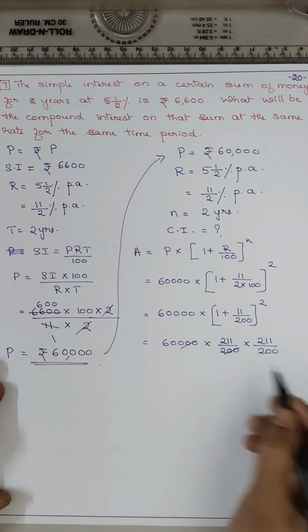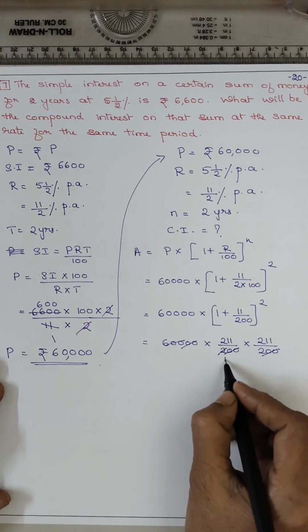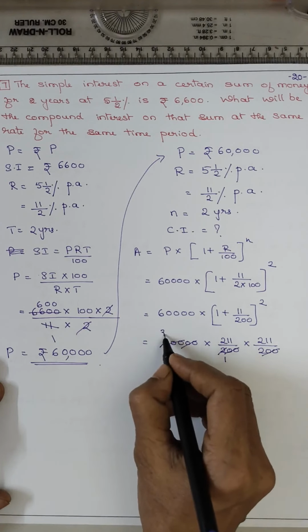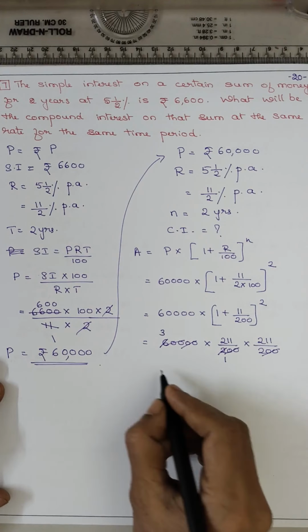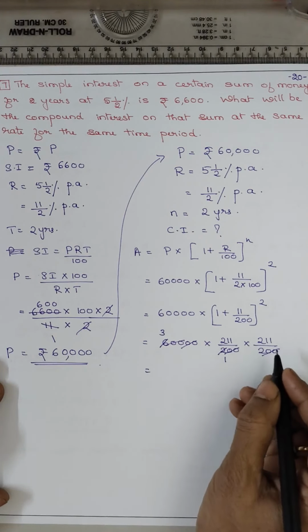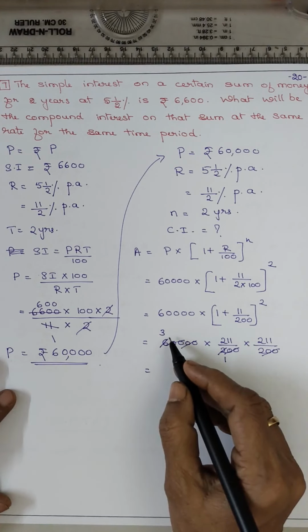2 0 2 0 cancel, 2 0 2 0 cancel, 2 1s are 2, 3s are 6. So you got 211 multiplied by 211 into 3.